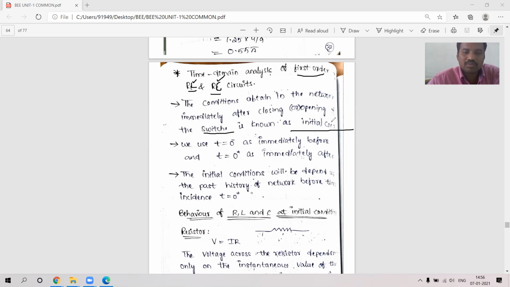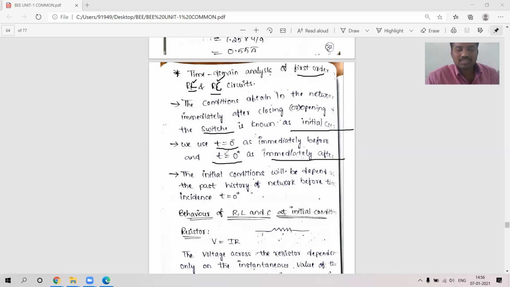Before closing the switch we call it t equal to 0 minus. And immediately after we turn on the switch we call it t equal to 0 plus. So t equal to 0 minus is nothing but the previous value, the past history of the storage element, which is stored with some value.